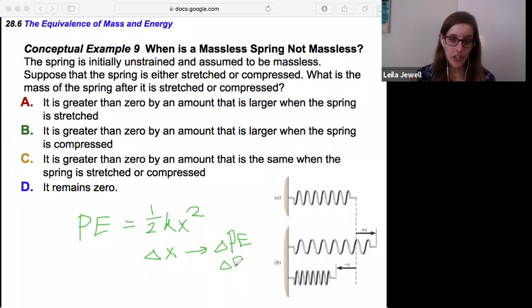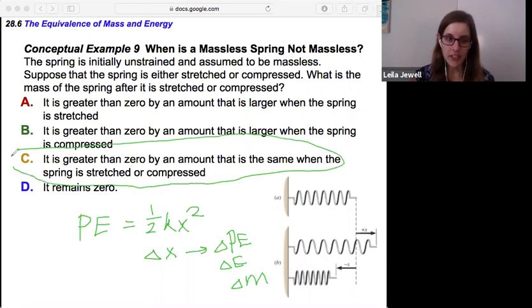If we have a change in energy, based on E equals mc squared, we know we must have a change in mass that will be exactly proportional to that change in energy. And so we see that the answer here is in fact C. It doesn't matter if you stretch it or compress it. If you add energy to the spring, you're also adding mass. One of those strange but true things.